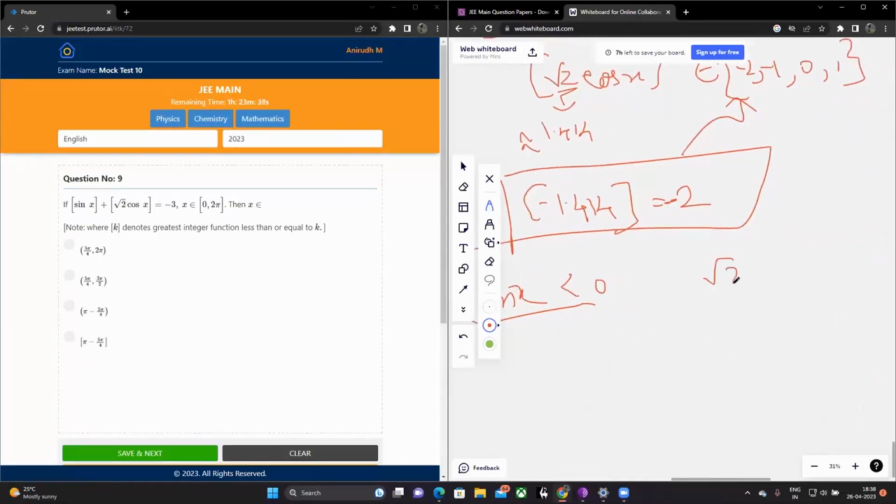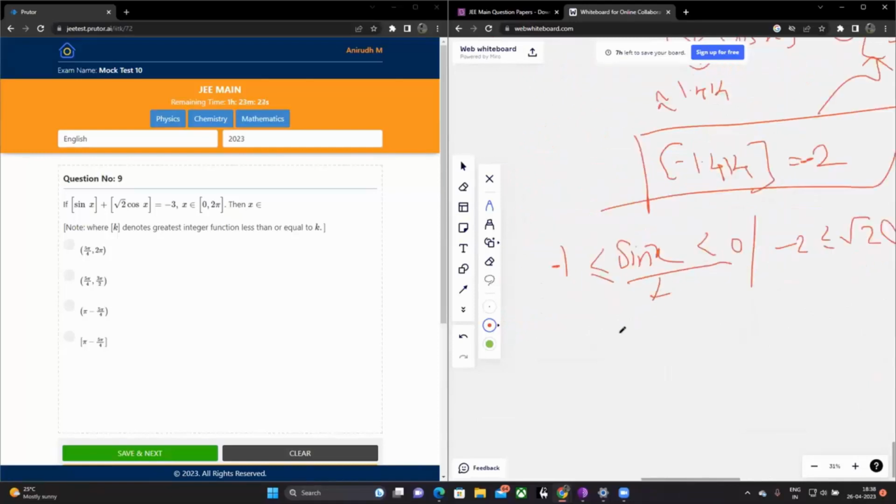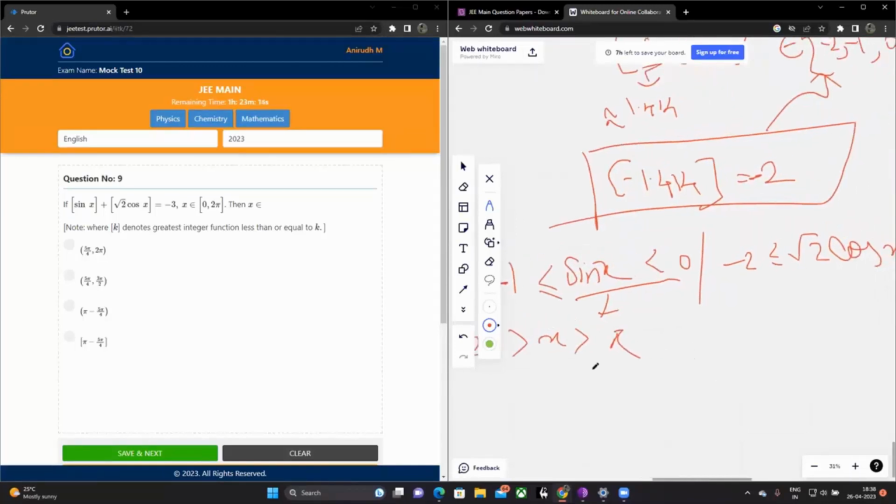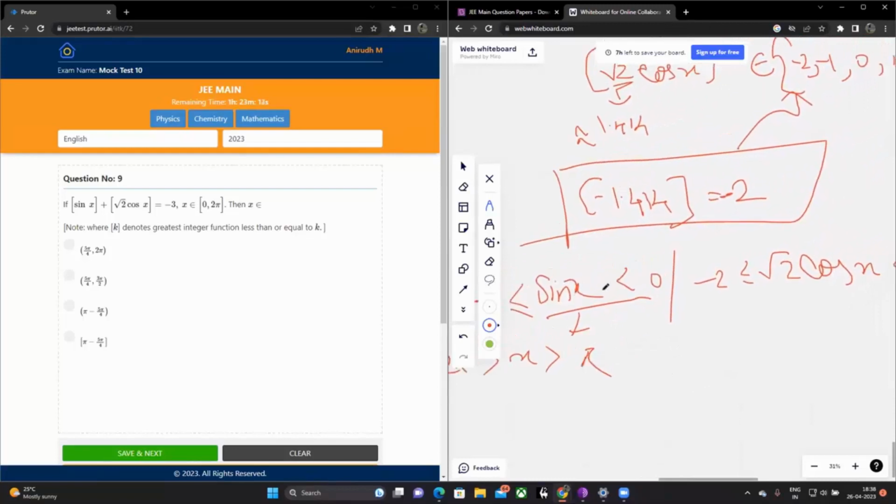And root 2 cos x basically lies between -2 and -1, right? So these are the two things that are given. And this basically implies x lies between pi and 2 pi, easy to see from the graph.